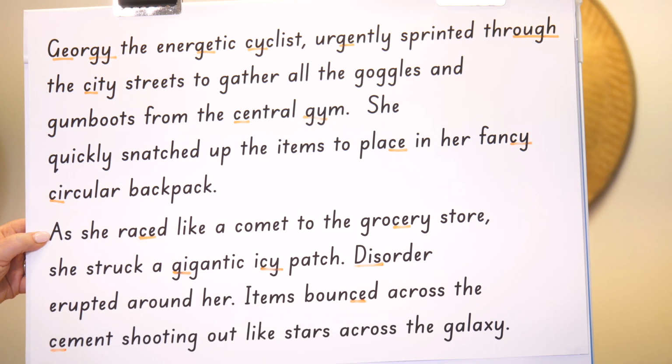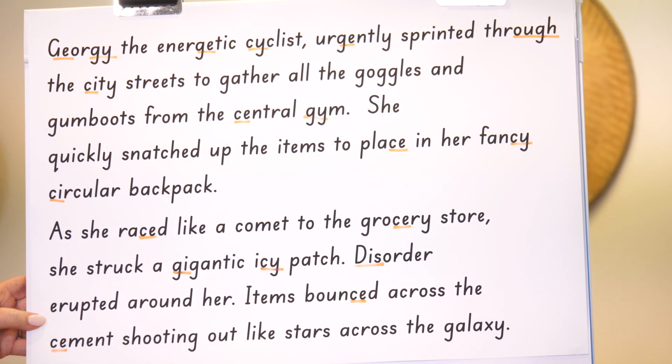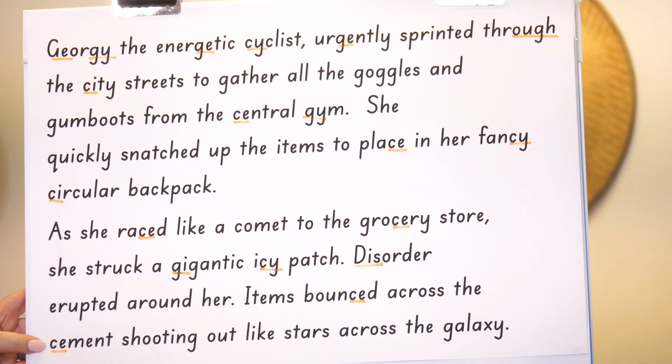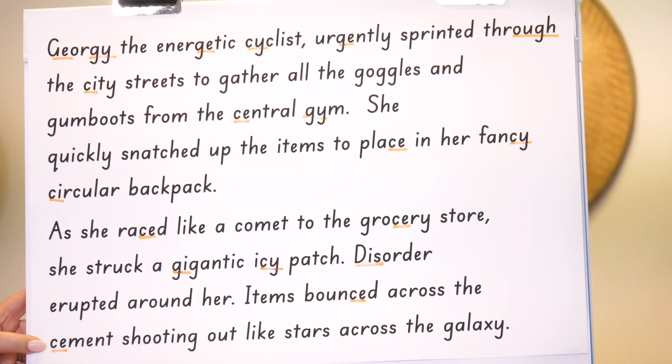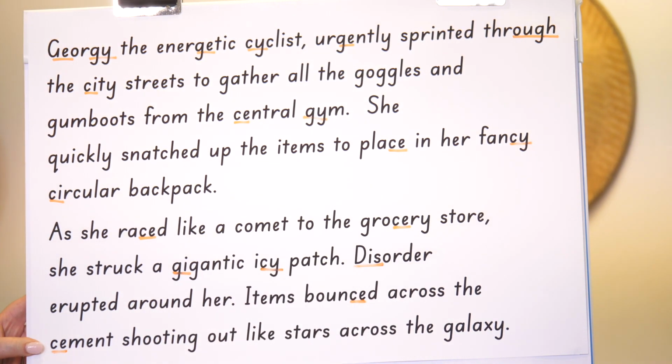She quickly snatched up the items to place in her fancy circular backpack. As she raced like a comet to the grocery store, she struck a gigantic icy patch. Disorder erupted around her. Items bounced across the cement, shooting out like stars across the galaxy.